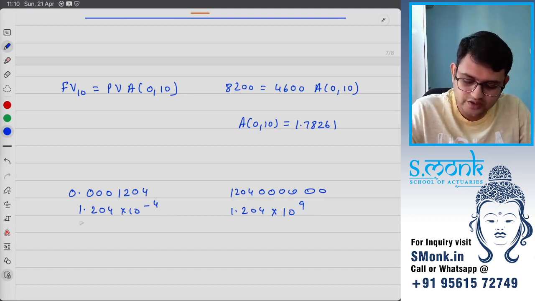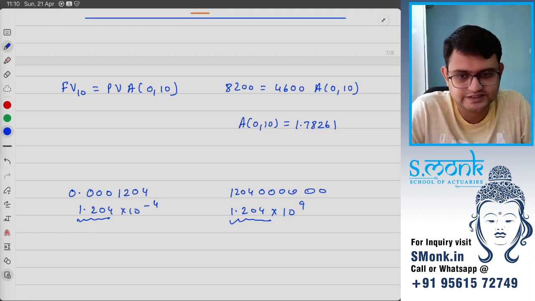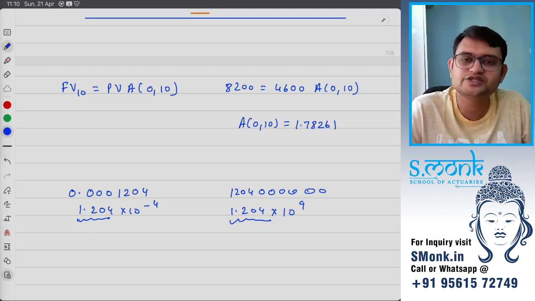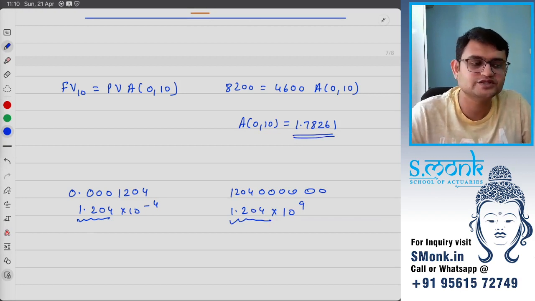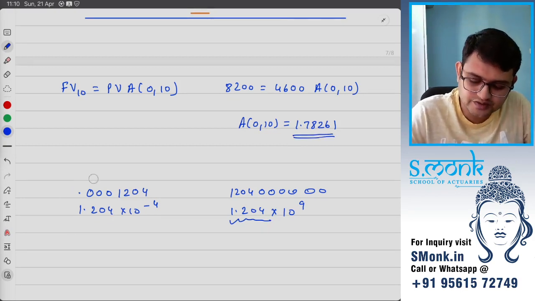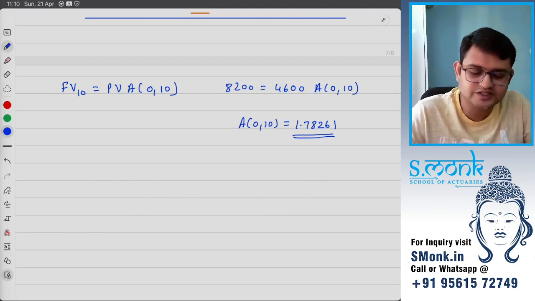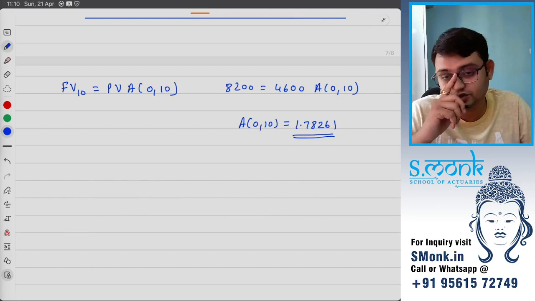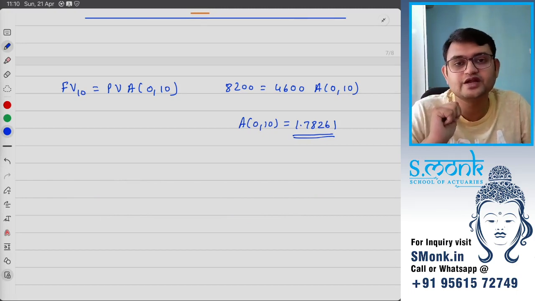So only 4 significant numbers in both of these cases. And for calculation purposes, we will need at least 6 significant numbers. You can see I have written 6 significant numbers here.